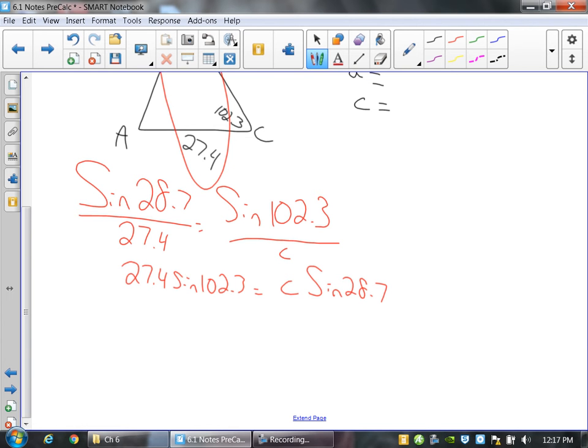We divide. You just put right in your calculator the fraction bar. Type it right in like that. Don't worry about parentheses or anything. Create a fraction bar, type it in, and you're good to go. Make sure you're in degrees.